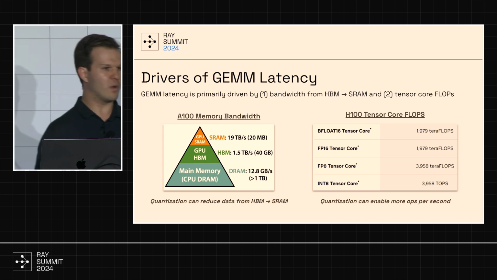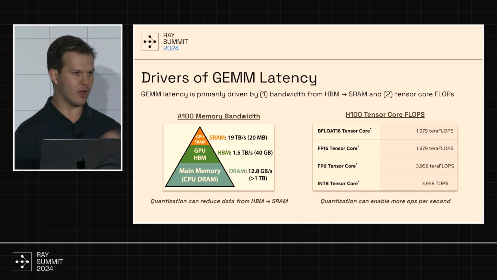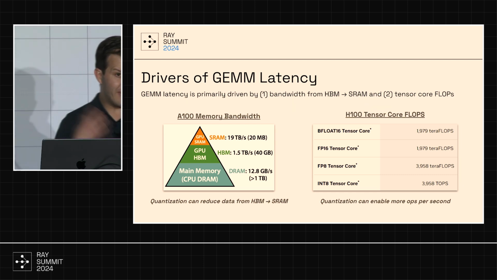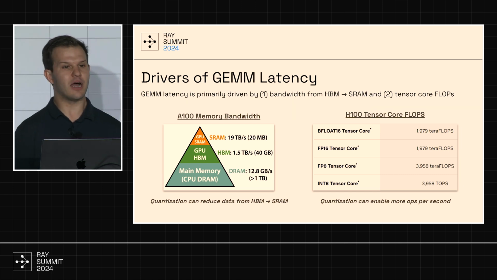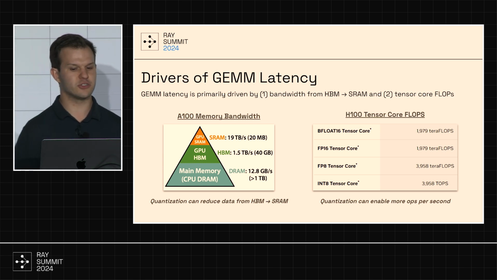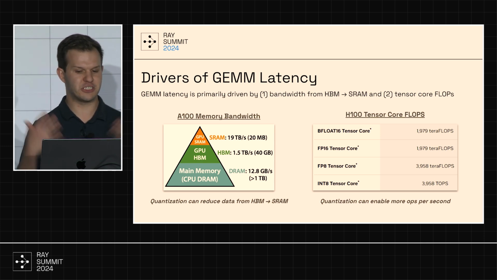So when M is really small and the memory bandwidth becomes the bottleneck, how long it takes to move things in and out, quantization can help to accelerate by just reducing the amount of data that needs to move from HBM into the SRAM. And then in addition, as Michael mentioned, modern GPUs, in particular A100 and H100, have lower precision tensor cores that simply offer more floating point operations per second.